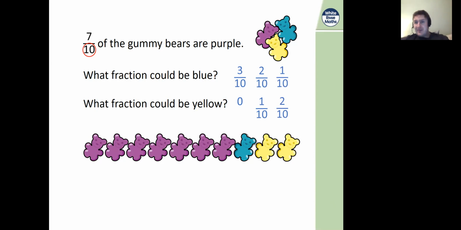Well, what if all 3 of them were yellow? What fraction could be blue there? Well, that would be 0. Okay, and the yellow ones would be the 3/10. But the whole group would be out of 10. Okay, so those are the different possibilities if 7/10 of them were purple.